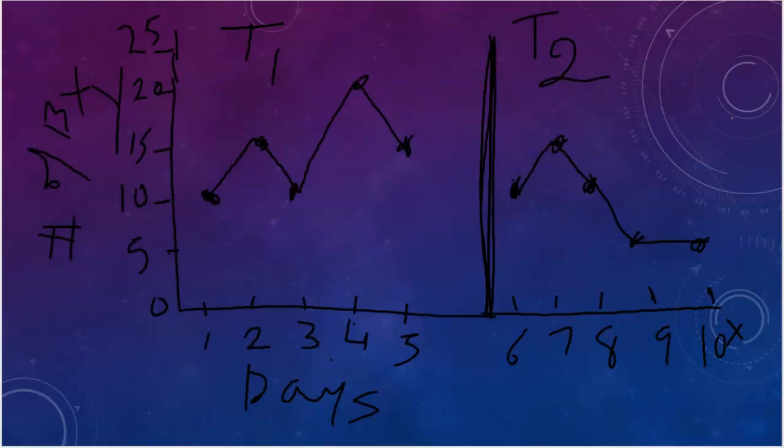And say you change the schedule of reinforcement. So you decided to give reinforcement every 3 times you see the child raising his hand, and you changed it to 5 times in treatment number 2.